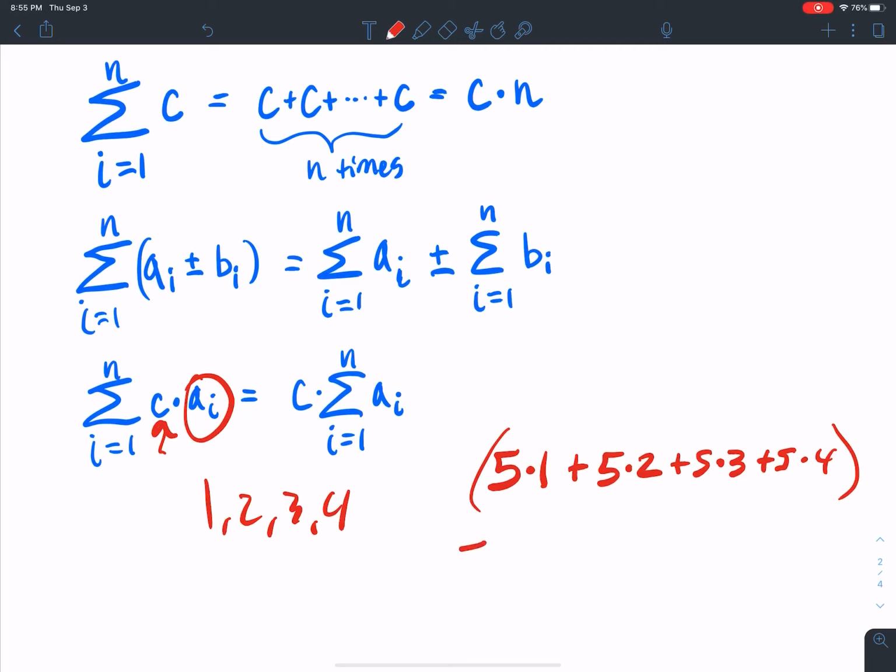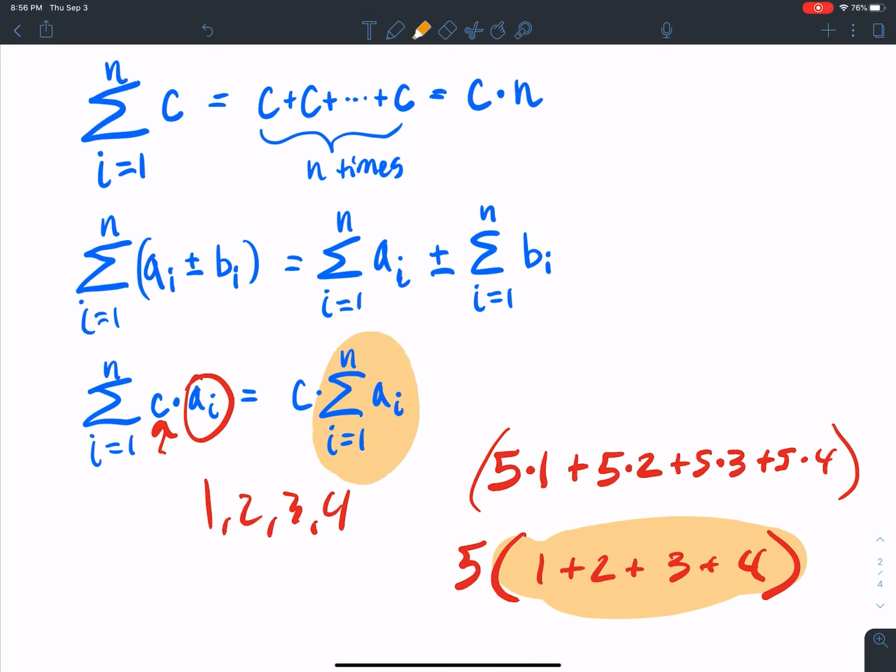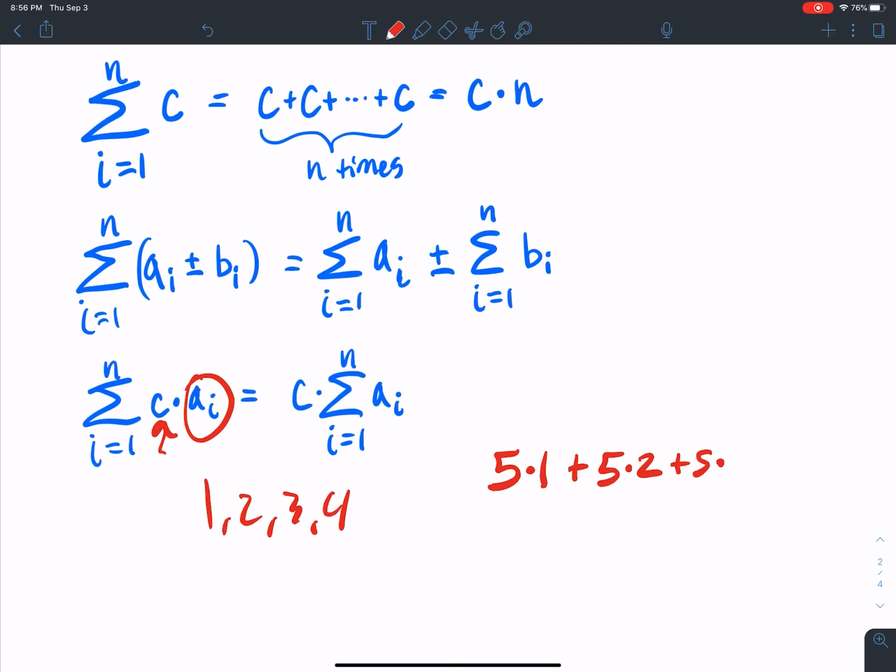What can I do? I can factor a 5 out of all of those, and then I have left this right here. And what is that? That's my series, and then my constant multiple is factored out, okay? So I can factor out the c from each of those a_i terms, and I get c times the sum from i equals 1 to n of a_i.